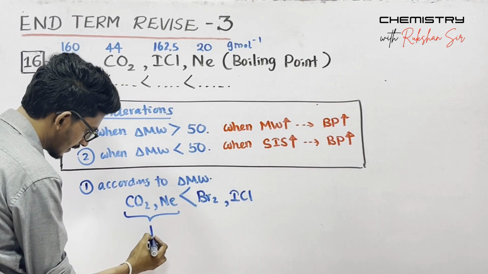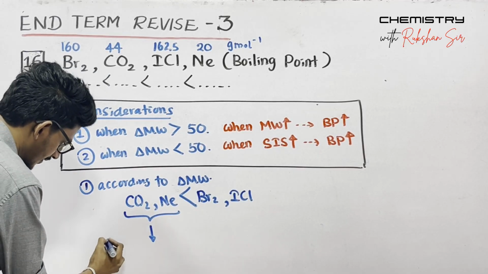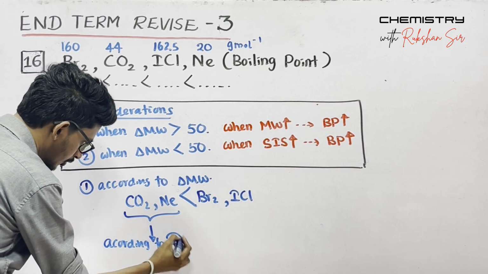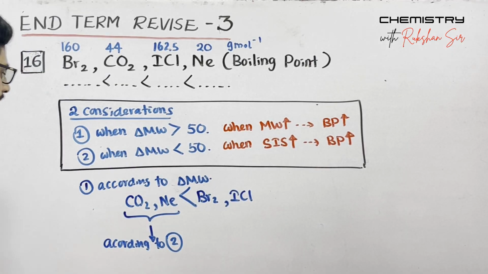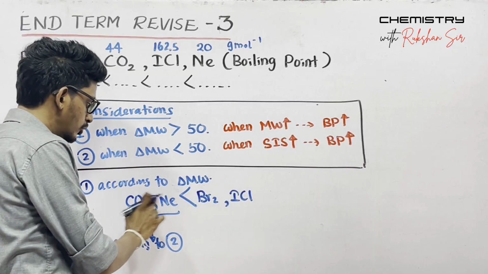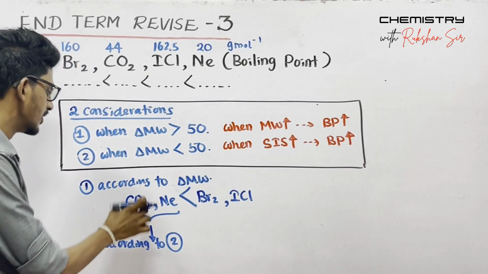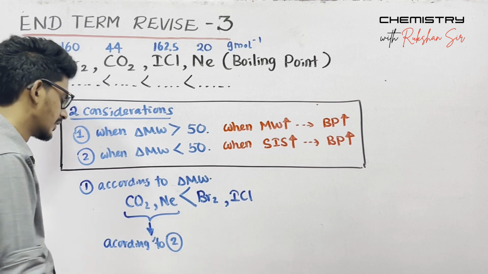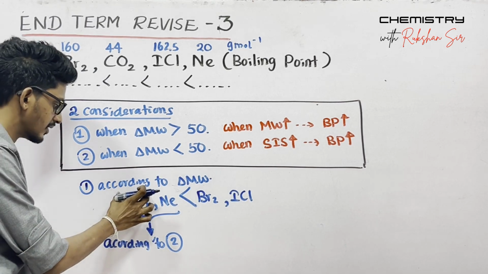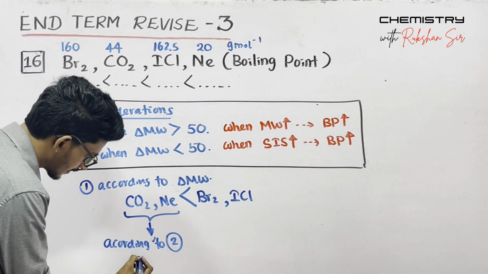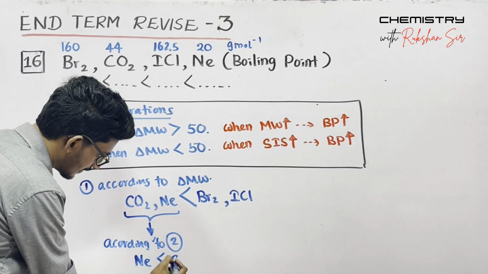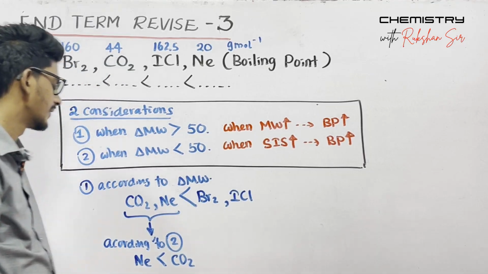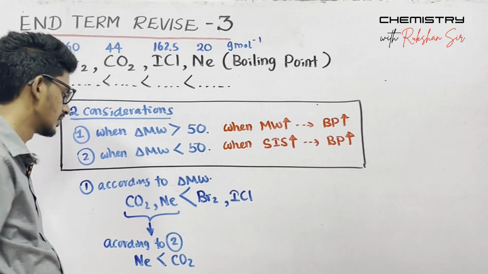These two are with London forces, and we know when the molecular weight increases, the London force strength increases. So London force strength is higher with CO2 than neon. Neon is the smallest and CO2 is the highest.